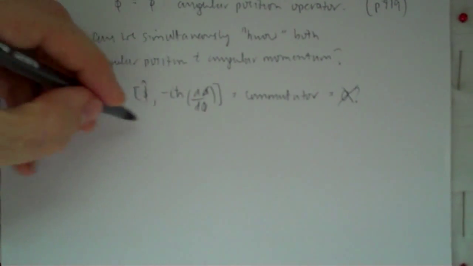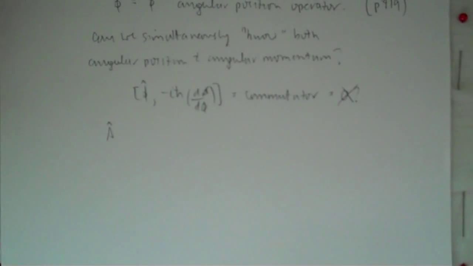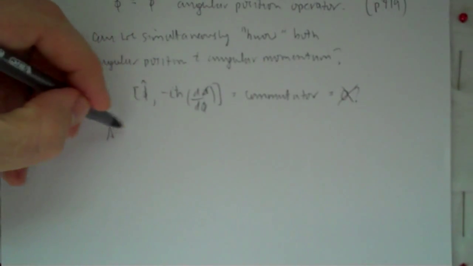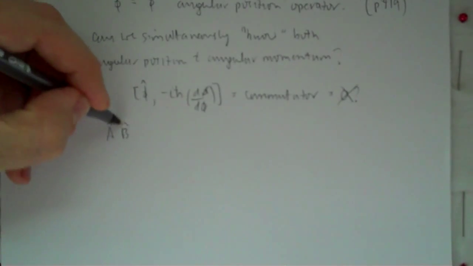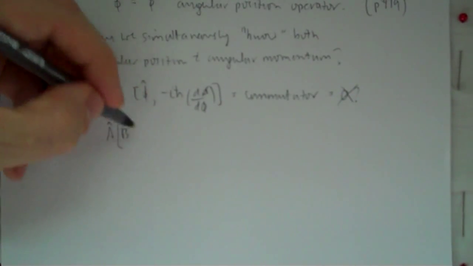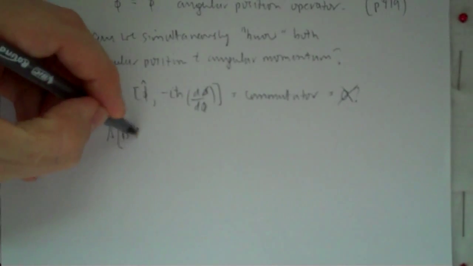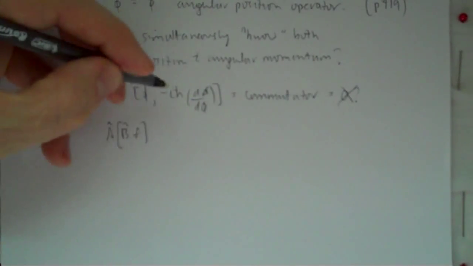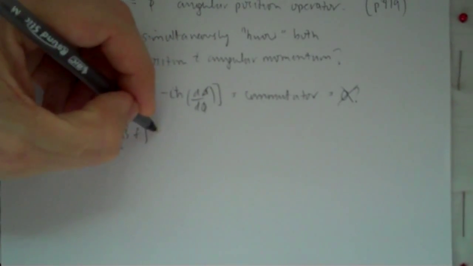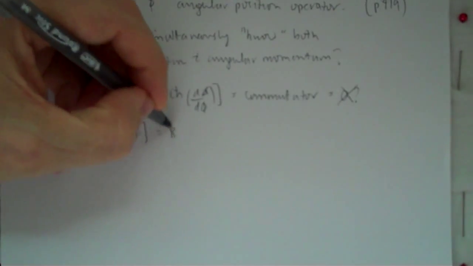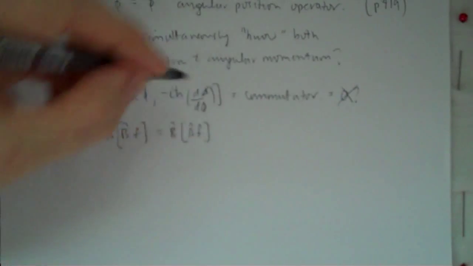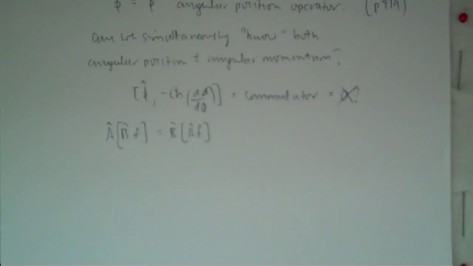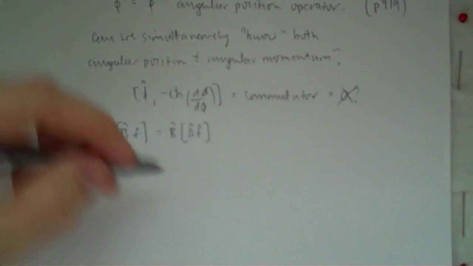The way to evaluate the commutator, a definition in chapter 17, goes like this. You give some operator A and an operator B acting on some function. If A operating first and then B gives the same result as B operating first and then A, if these are equal to each other, then we say that these operators commute.